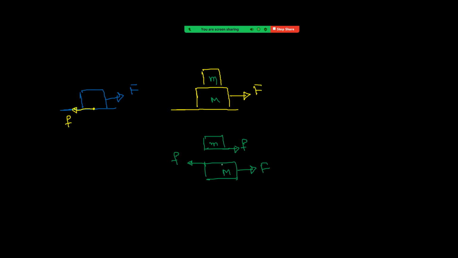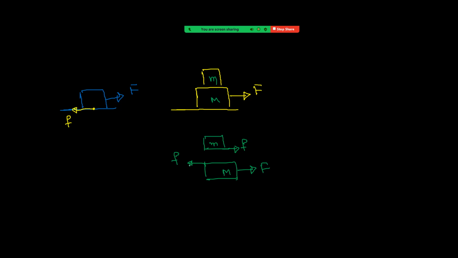Next, coming to here. With respect to the upper block, the lower block tries to move to the right side. I am repeating: with respect to the upper block, the lower block is trying to move to the right side. That's why on the lower block, the frictional force is acting on the left side.